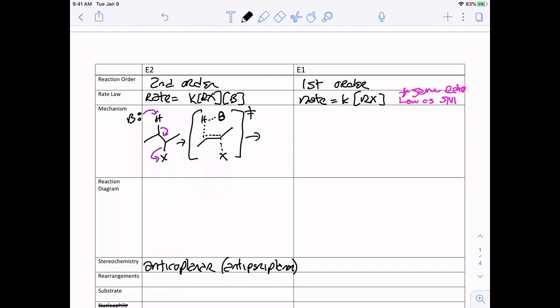And then my product, I have that new pi bond. Remember, elimination reactions, we're adding a pi bond. So anti-periplanar geometry, that's happening at the same time. And then our product, and this is going to be true for both of them, so we can put it over here. Both are going to follow Zaitsev's rule.